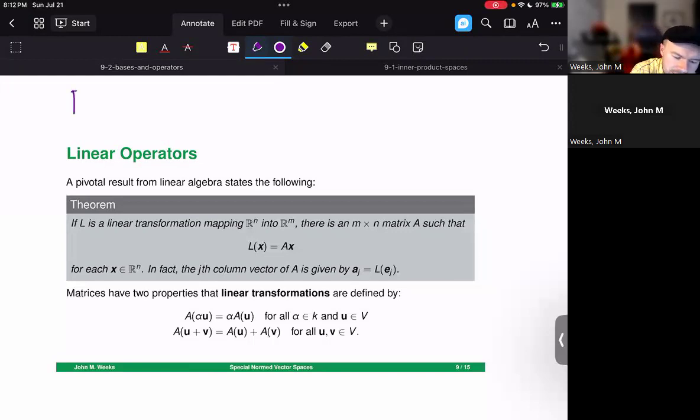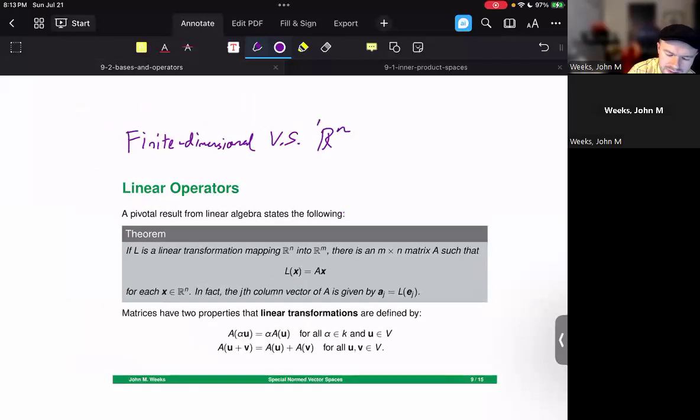So just to clarify, finite dimensional vector spaces have operators. Take finite dimensional vector spaces like Rn and Cn; I'll use Rn as our example. Operators on finite dimensional vector spaces are in one-to-one correspondence with matrices.